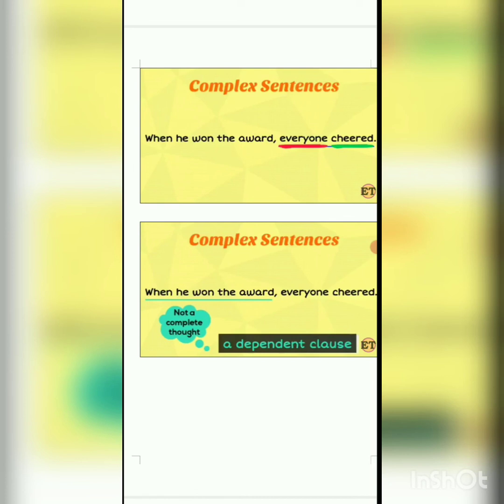When he won the award, what happened? We are not getting a complete sense from this clause. So this is a dependent clause. But when I join everyone cheered to the dependent clause, it gives us a complete sentence. So a dependent clause is always connected to an independent clause to give a complete thought.